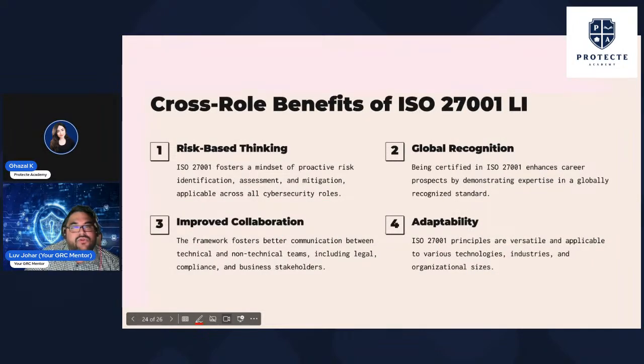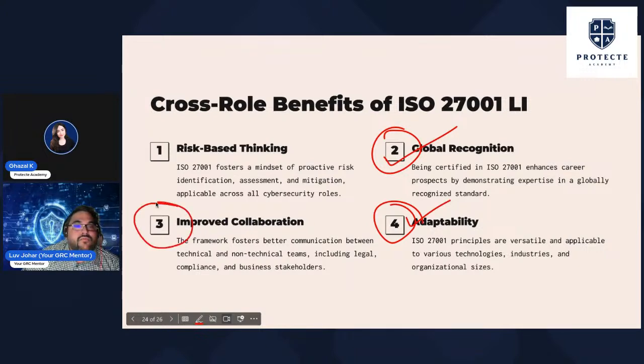Okay, cross-role benefits of ISO 27001. Global recognition, definitely a very good highlight. You go anywhere in the world, this is one certification which is absolutely recognized. And adaptability: you can adapt it with any technology, any size of company, it is completely adaptable.